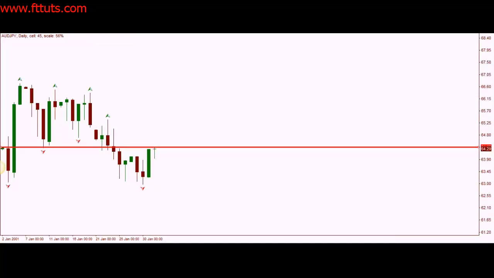And you can see a lot of indecision here. Indecision at support and resistance is a good thing, because when there's indecision on a move up or down, that's almost putting an end to that move.